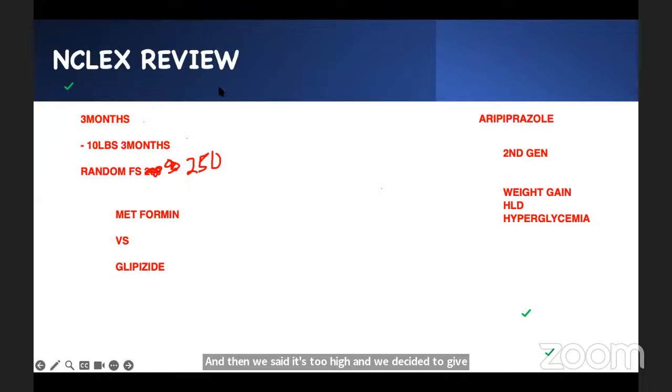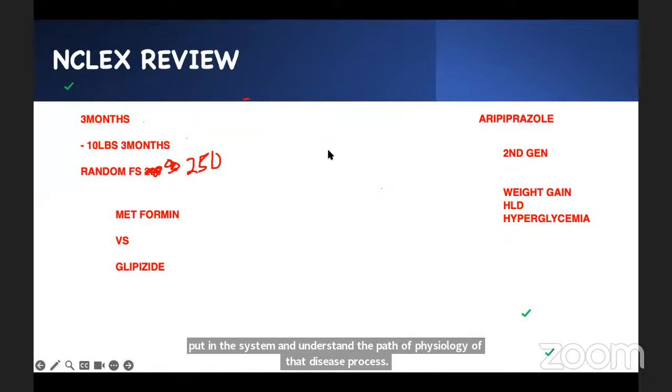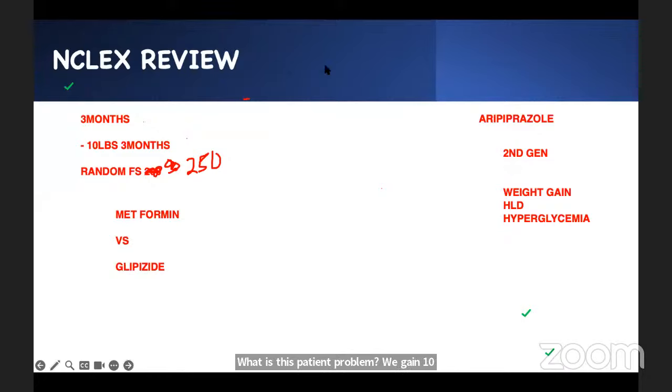Which one would you choose? Think about the pathophysiology of that disease process. What is this patient's problem? Weight gain, 10 pounds, and she's taking a medication that is causing that. You want to give her something that does not cause weight gain.